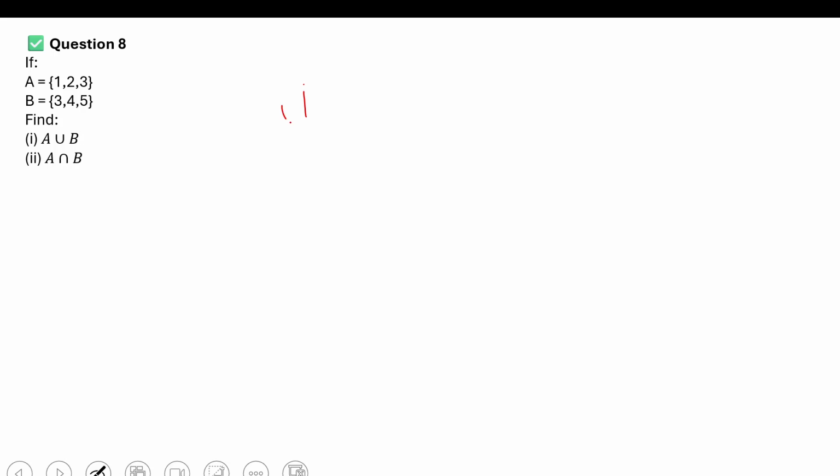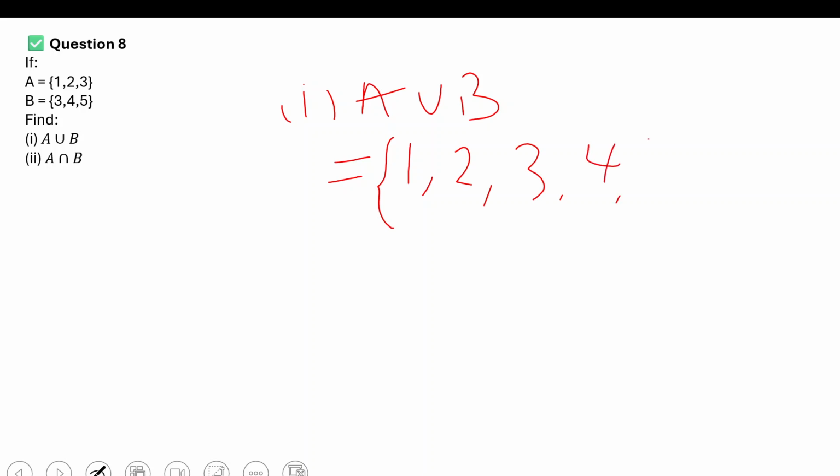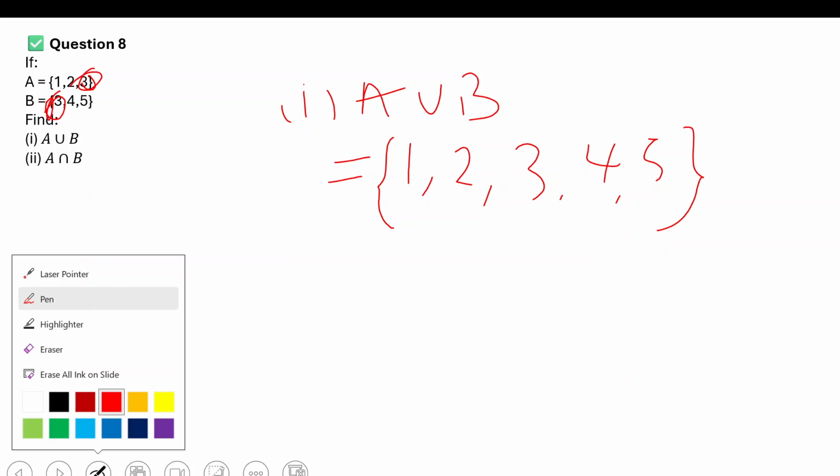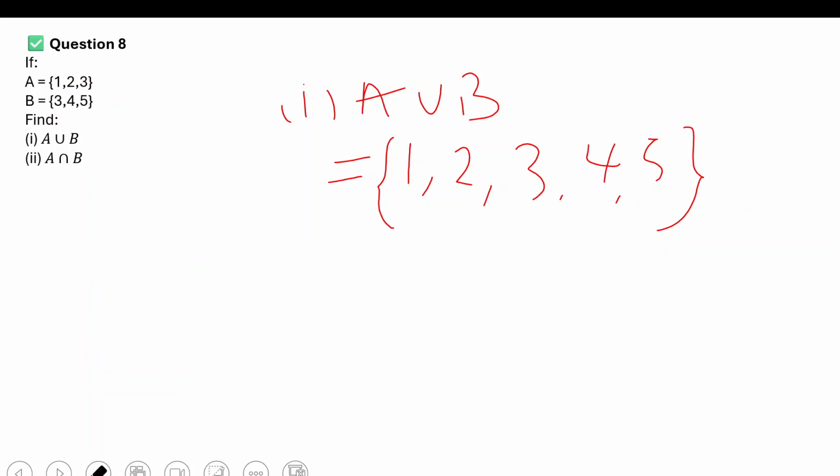So A union B, you list it as 1, 2, 3, 4, and 5. Notice that 3 appears in both sets, but we are not listing it 2 times. We list it once because it's just a listing of those elements.